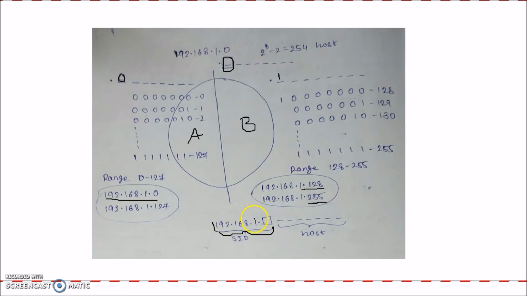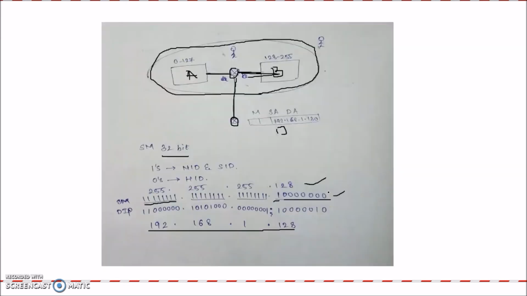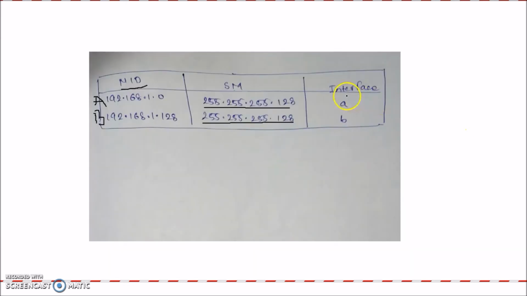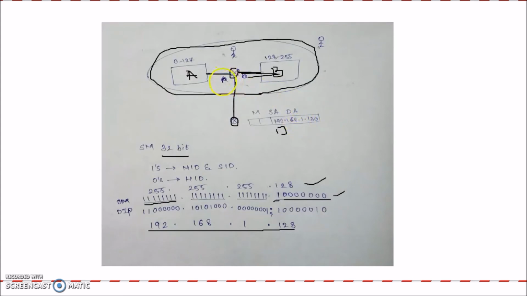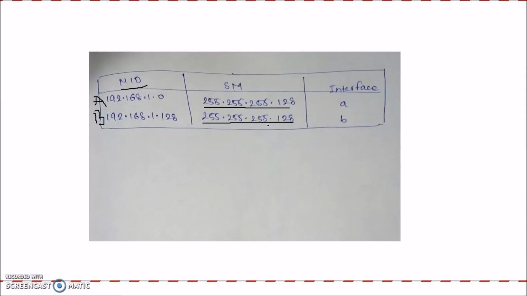Therefore, the subnet mask will be the same for both subnets. This is the interface through which it passes to A, and this is B. If any packet with an IP address ranging from 192.168.1.0 to 192.168.1.255 comes, it will first be ANDed with the subnet mask.